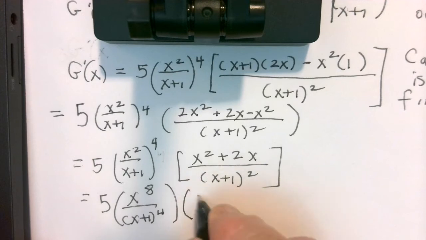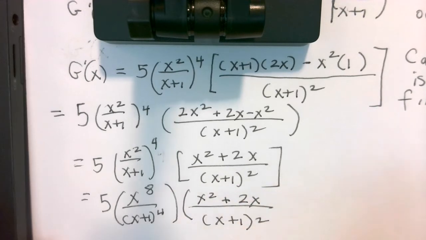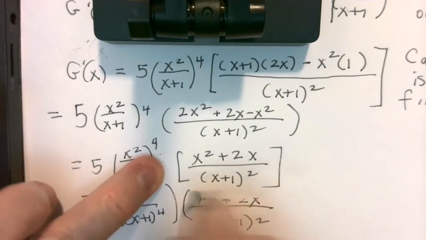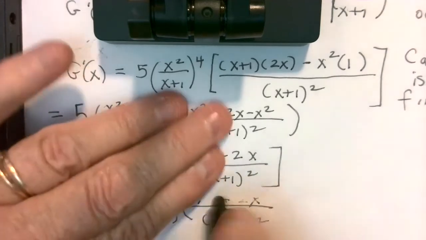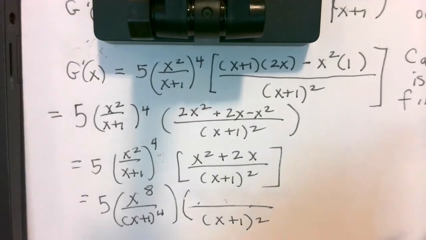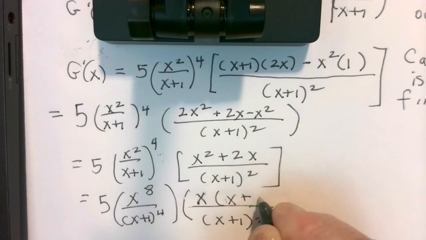And then I've got that multiplied times x squared plus 2x over x plus 1 squared. And I'm going to go ahead and just factor the x out of here. So I'll have x times x plus 2.